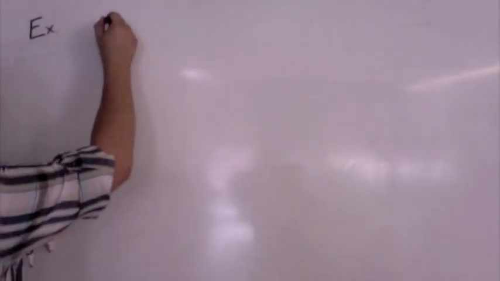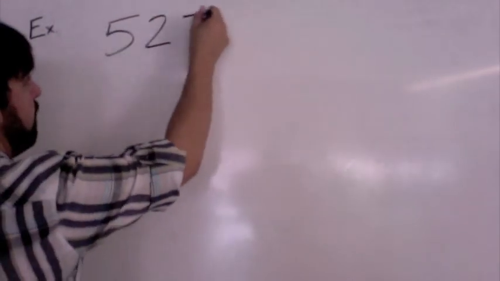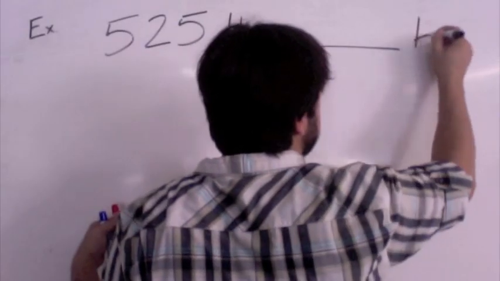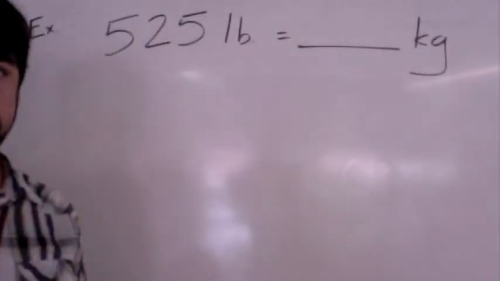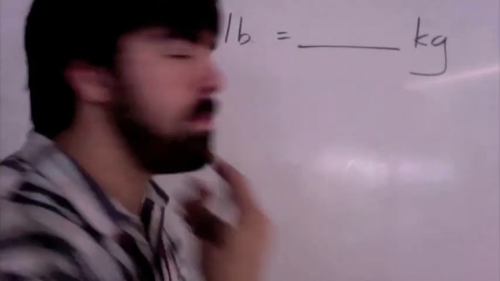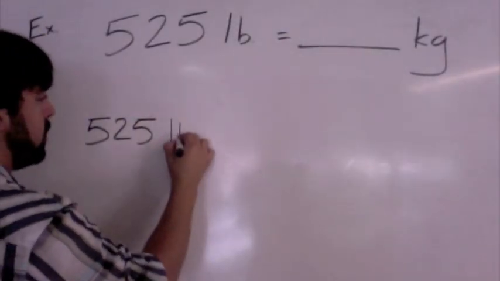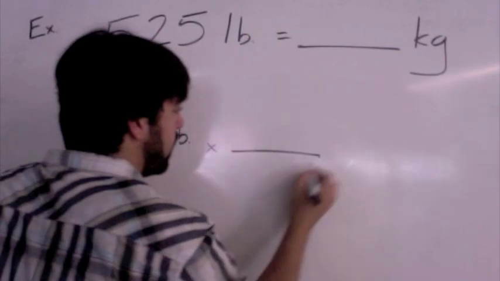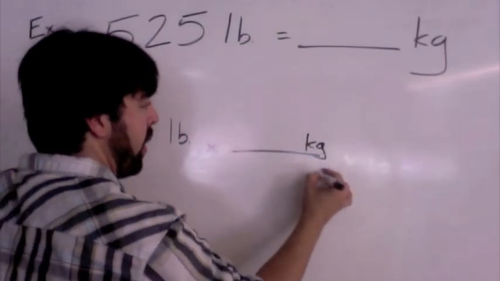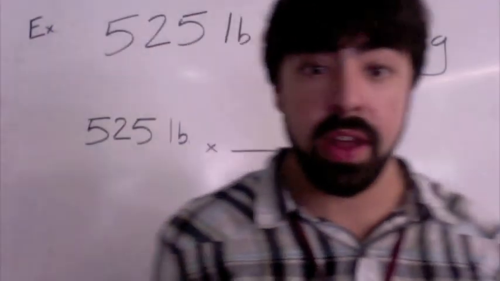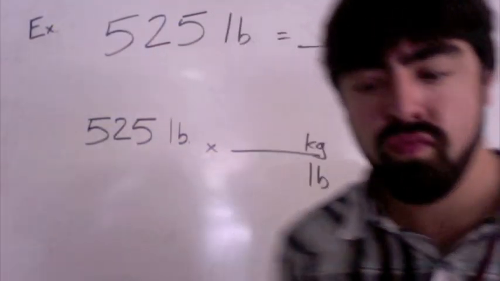How many kilograms are in 525 pounds? All right, well, let's see. We're going to start by saying 525 pounds times how many kilograms are there in 1 pound? We have the pound down low because we're going to want to cancel it away.